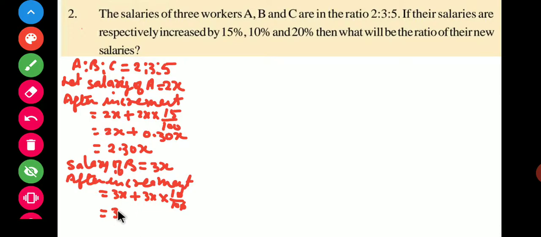So it is 3x plus 0.3x, so it becomes 3.3x.